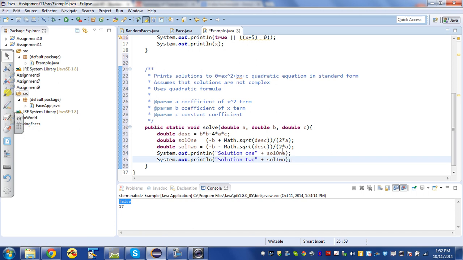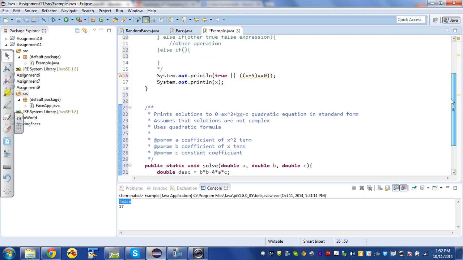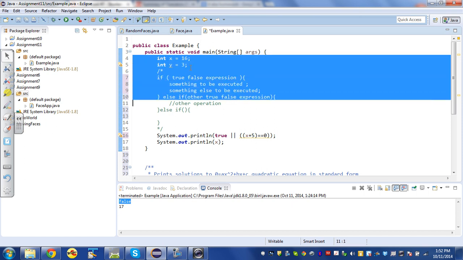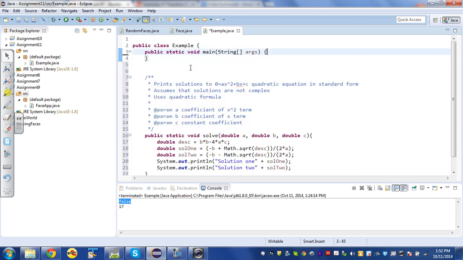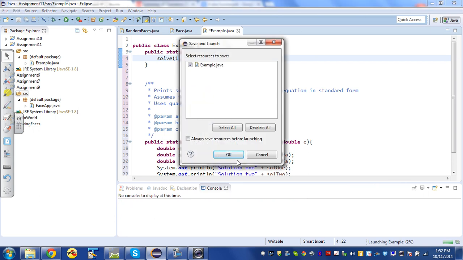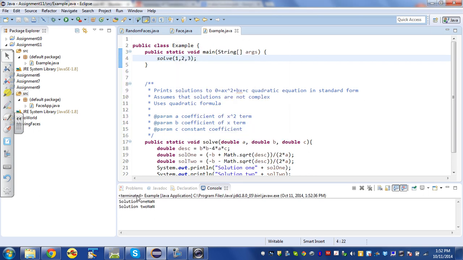So what happens if the equation they give us doesn't have any good solution? Let's try something. So what if we try and call this on, just say solve 1, 2, 3. What happens? Solution 1, NaN.